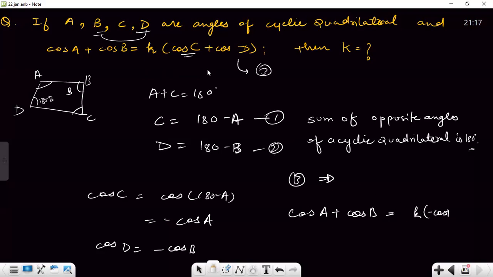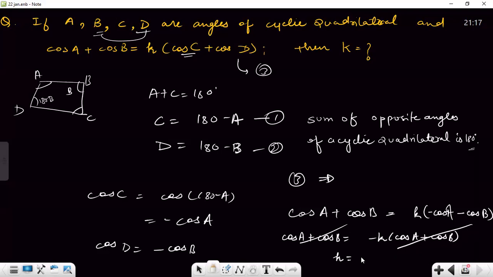C is what? Cosine of C is minus of cosine of A, minus of cosine of B. Okay. Now let's take common on the right hand side, the negative sign. Now this term and this term cancel.